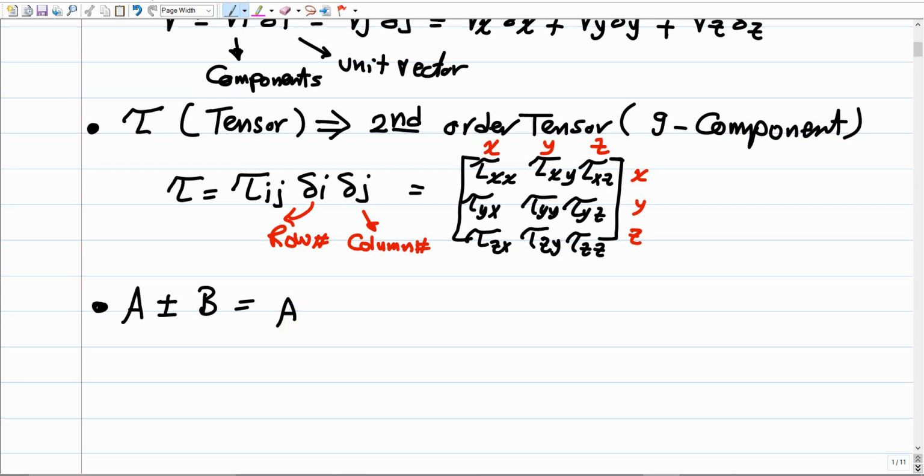So we said that it is better to write this in terms of its components. So this is the vector a. Its component form will be ai delta I, where I is just any index that is going to take x, y, and z. Then we are going to sum or subtract, whatever the operation is, the other vector, which is bi delta I.